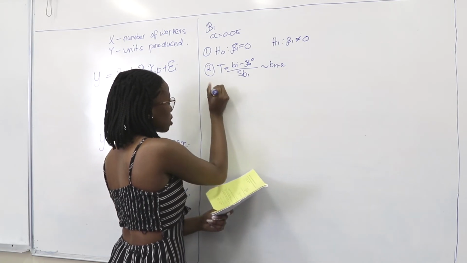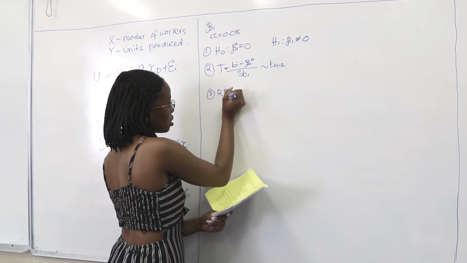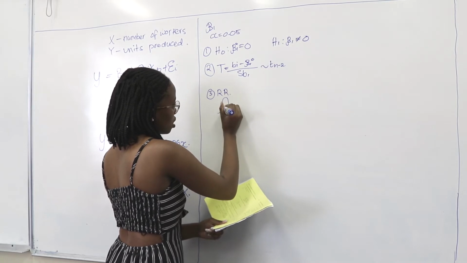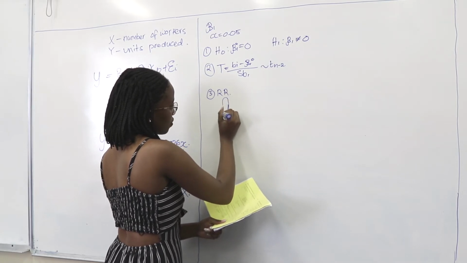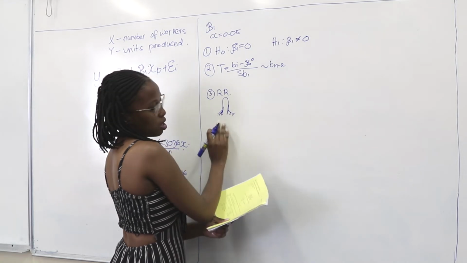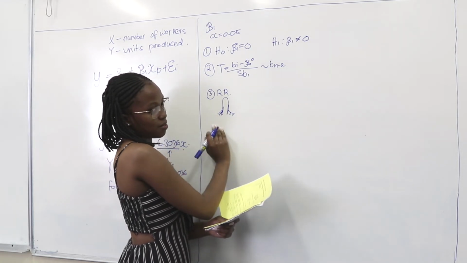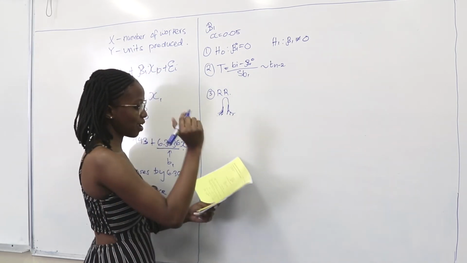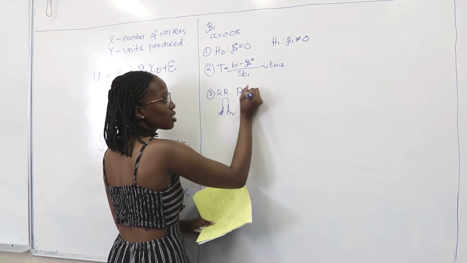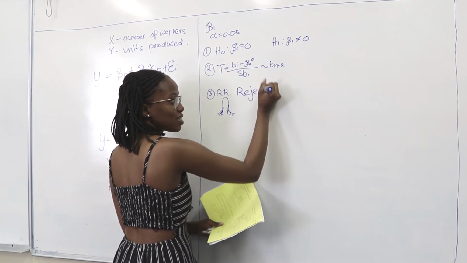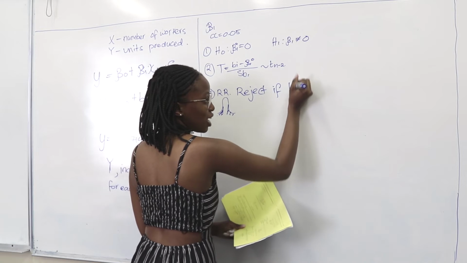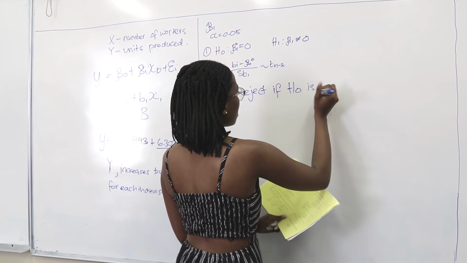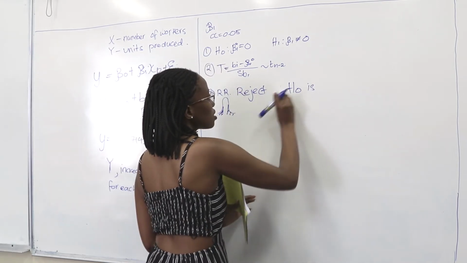And then 3, now we're dealing with our rejection region. We said it's not equal to, so we're dealing with the two-sided test. So we're going to have a positive and a negative.